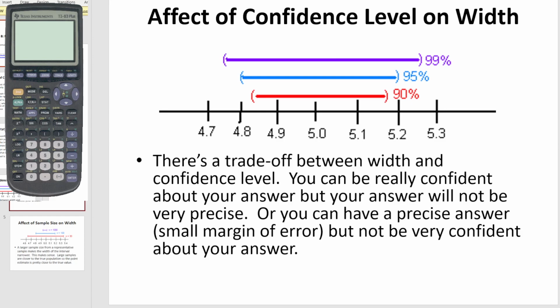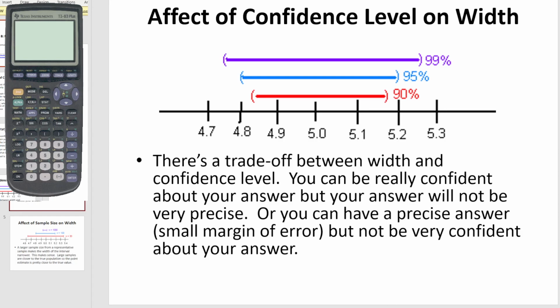So the idea here is that if you make your confidence interval really wide, then you are increasing the chance that you are capturing the true value in your confidence interval. But at that point, you have this huge margin of error, and it might be essentially pointless.